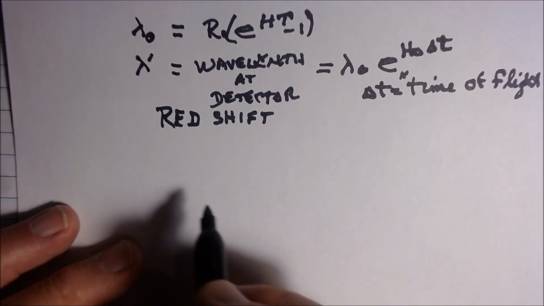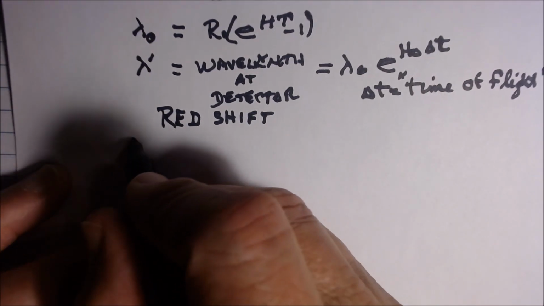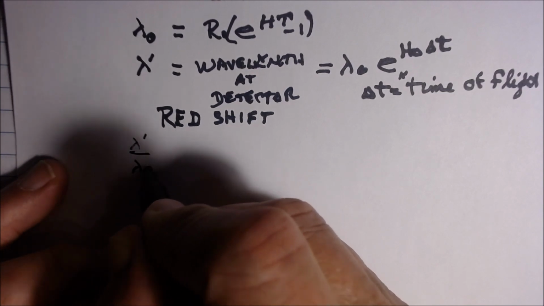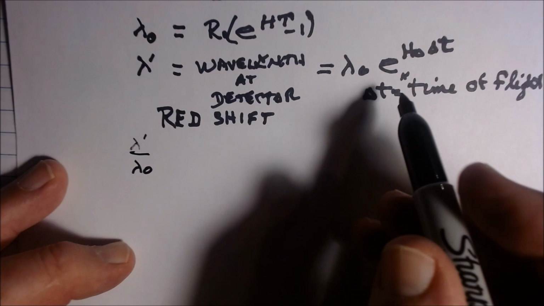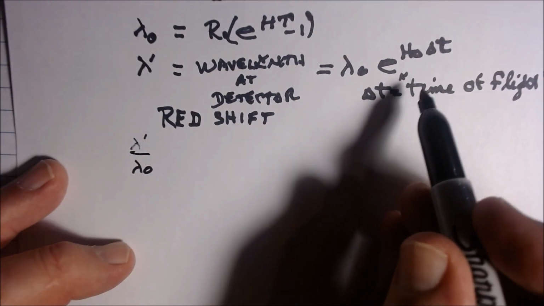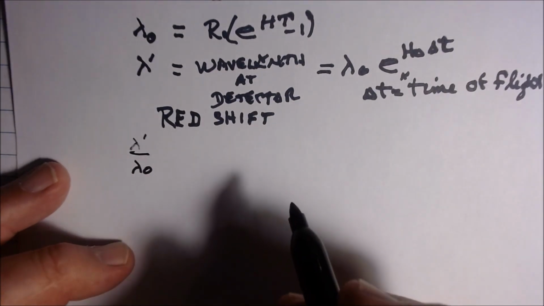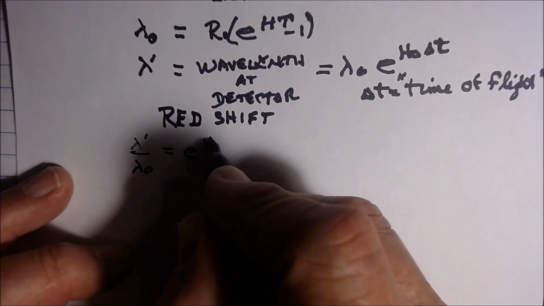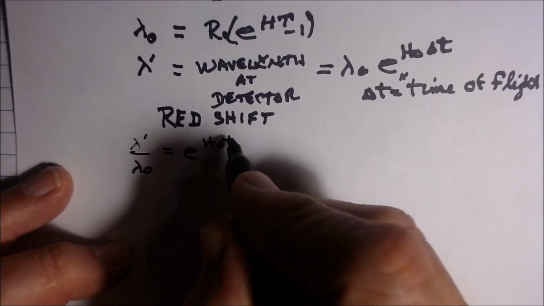We can say then that lambda prime over lambda 0, just a little algebra, is equal to e to the h0 t.